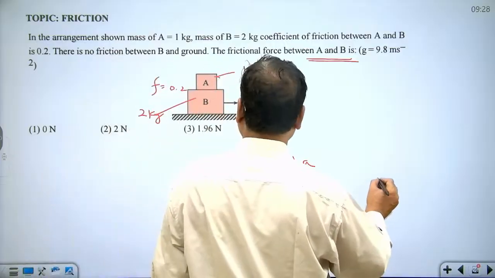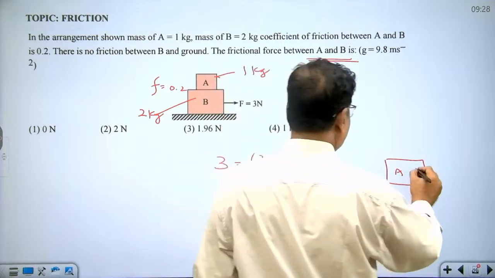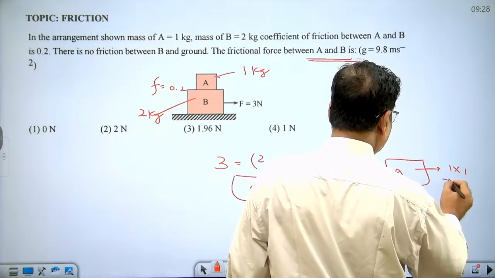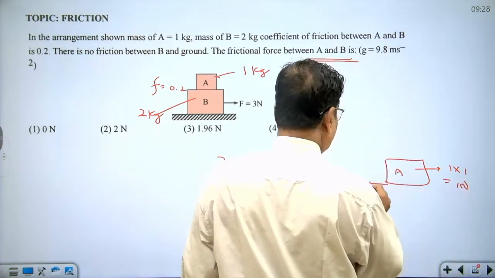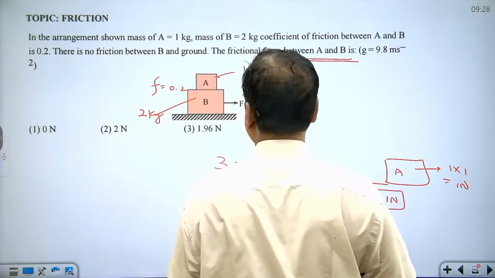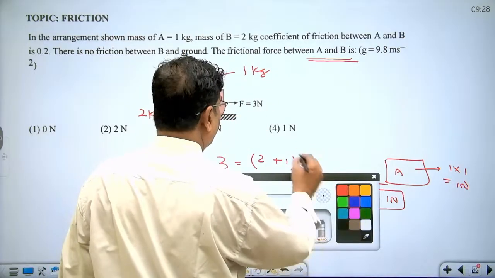So force transferred on block A of mass 1 kg is equal to how much? 1 into 1, this is equal to 1 Newton. So frictional force on block A will also be 1 Newton. Okay. So answer to the given question is option 4.